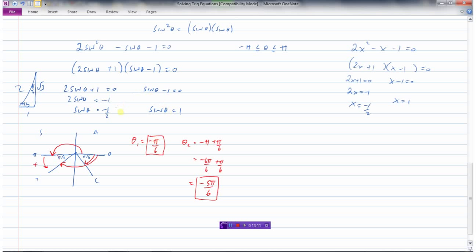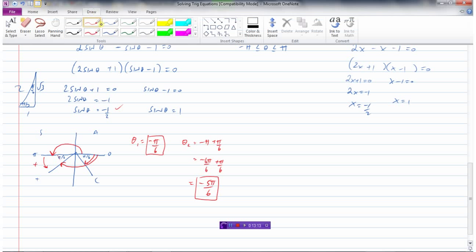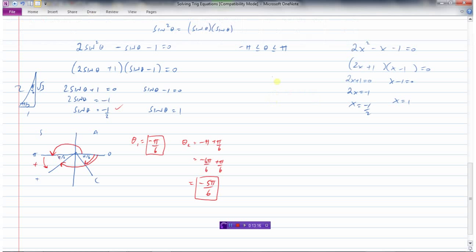Now, we've done this one, now we need to look at sine theta equals 1. Well, sine theta equals 1. This is a special ratio. Sine theta is equal to 1. And let's see, here's 0, here's pi over 2, here's 3 pi over 2, and here's 2 pi.